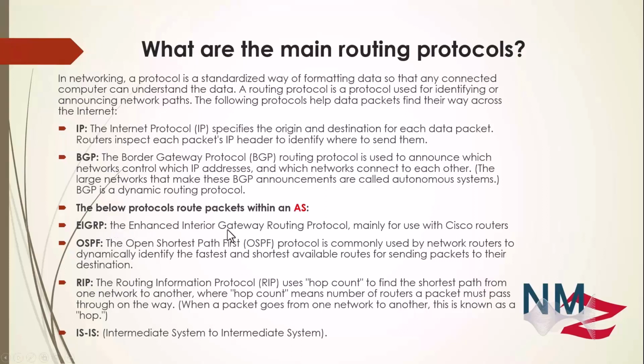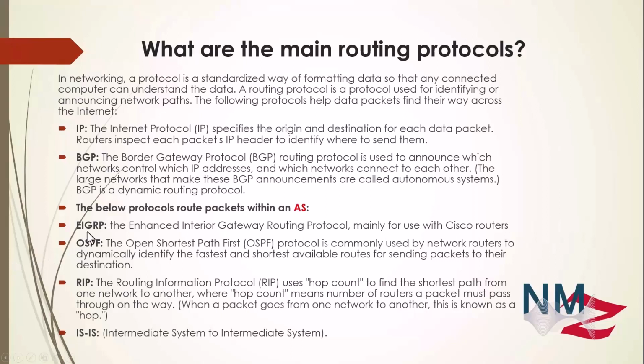It only works inside the autonomous system, and you use one process number for EIGRP and also for OSPF, and if you change this process number, this EIGRP routing will not work, and you need to redistribute routes between them.